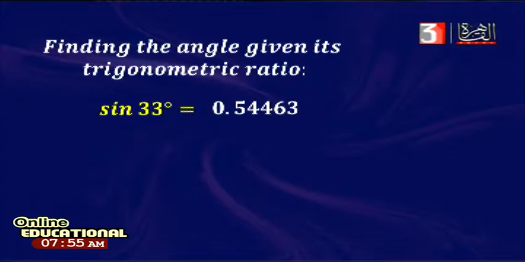If I gave you that the sine of any angle, for example angle A, equals 0.54463, how can you find that the measure of the angle will be 33? Also by using your calculators.